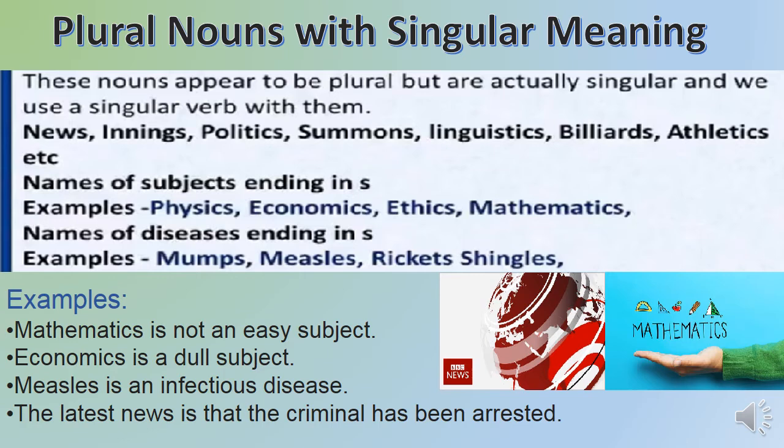So names of subjects ending in S are physics, economics, ethics, mathematics. Names of diseases ending with S, you can just see the examples: mumps, measles, rickets, shingles. So they are all ending with S and they appear to be in plural form, but they have a singular meaning because they are only one.